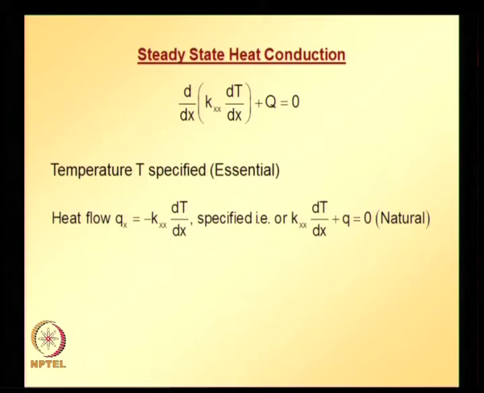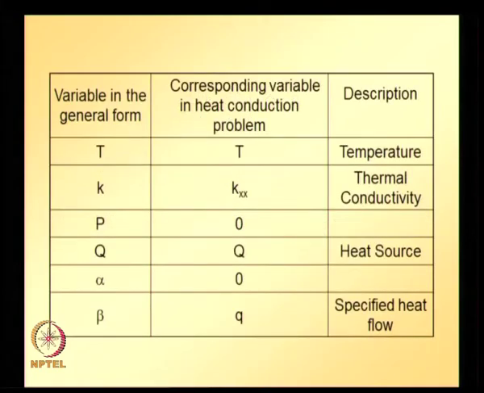What we did in the last class is we made a comparison between the corresponding quantities in the general one dimensional boundary value problem and the corresponding variables in the steady state heat conduction problem, and we came up with this comparative table.